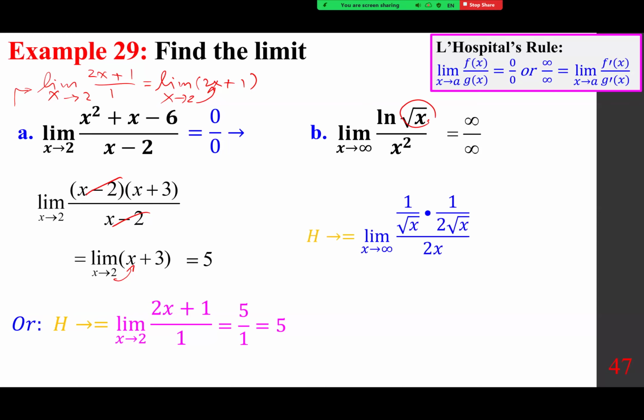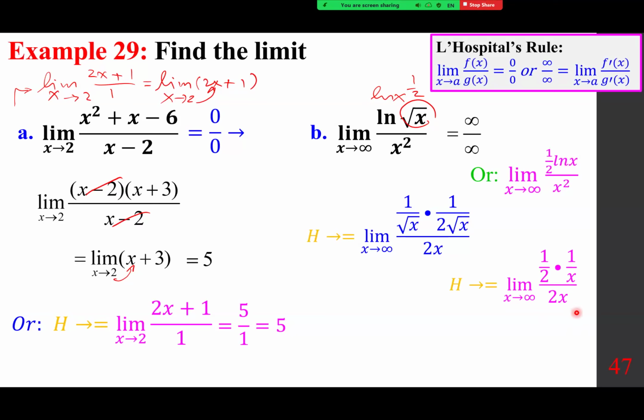But the easier way would have been, class, ln of x to the power of 1/2, and therefore half of ln x over x squared. And if you go this route, 1/2 remains. You can put the 2 down here, or you can say ln x over x squared. And this gives you 1 over x. But anyways, let's continue. Either way, 1/2 times 1 over x over 2x.